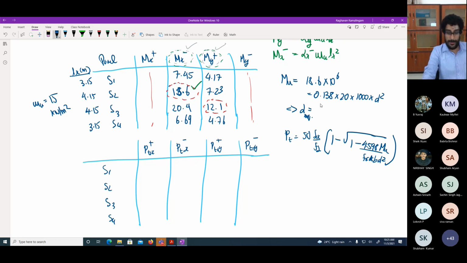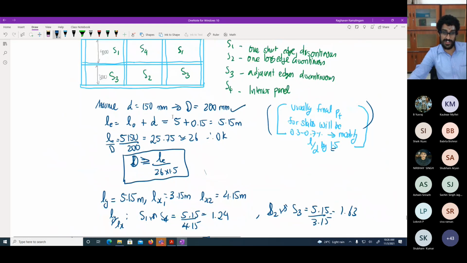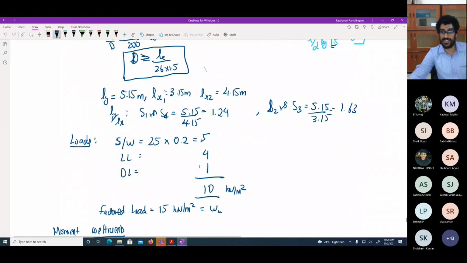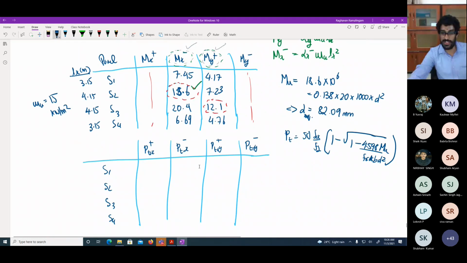How much is the required depth? The 82.09. You require only 82.09 mm. We have given 150 mm effective depth. If you go back, we have given 150 mm for the reason of deflection and all those things also. So this is definitely lesser than actual.